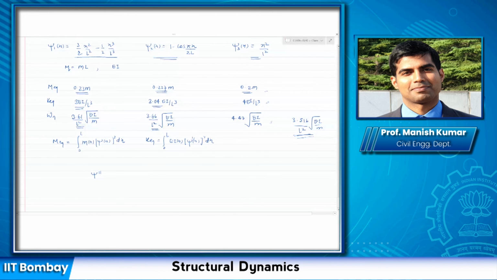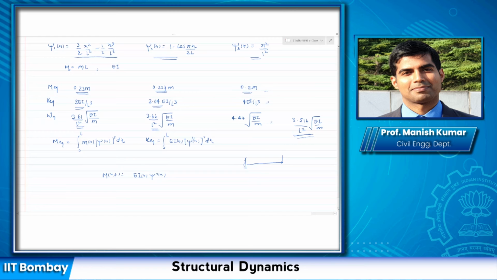Now we know that the expression for moment is given as EI times phi double dash x. If you look at it here, and if you substitute the value of phi double dash x, this will have a non-zero value, because the double differentiation of this would be 2 by L square, and it will have a non-zero value.